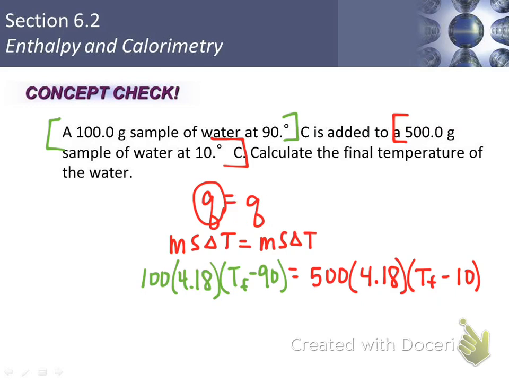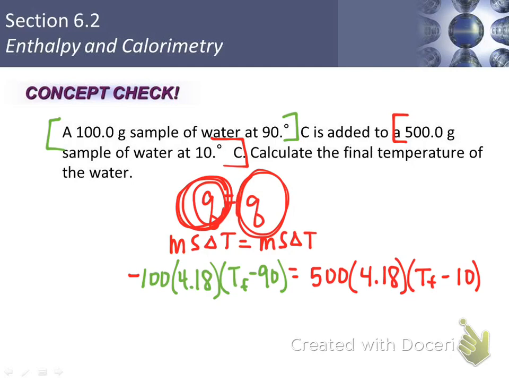So one of these has to be losing energy. Which one of them do you think is going to be losing energy? The first one has to be losing energy because it's going from 90 degrees, and we said the temperature was going to fall somewhere in between 90 and 10. So if that one's losing energy, you have to tack on a negative to that, basically saying the energy lost by this one is equal to the energy gained by this one. That's why we set them equal to each other.